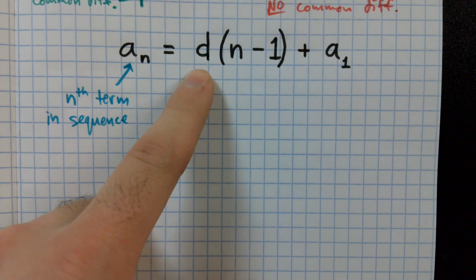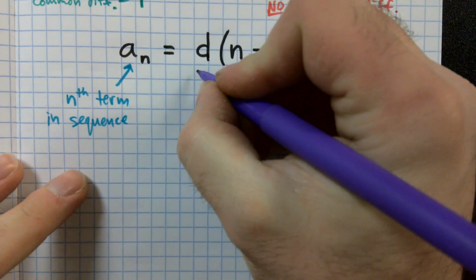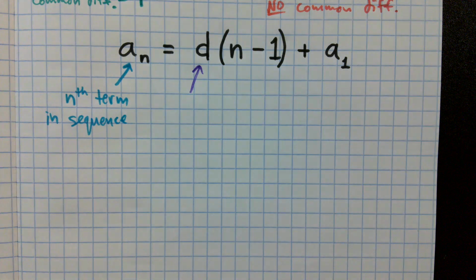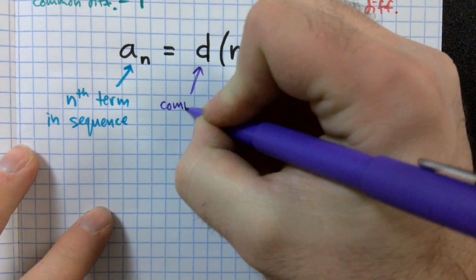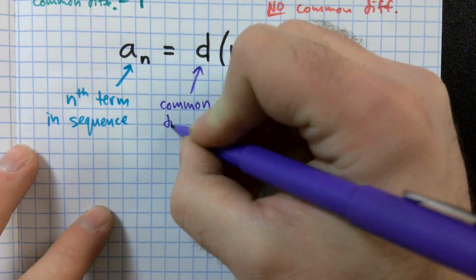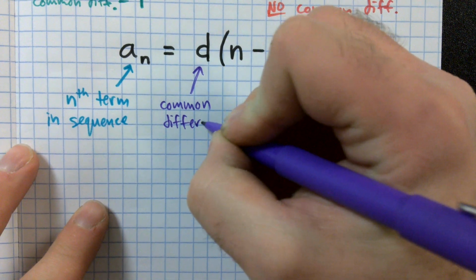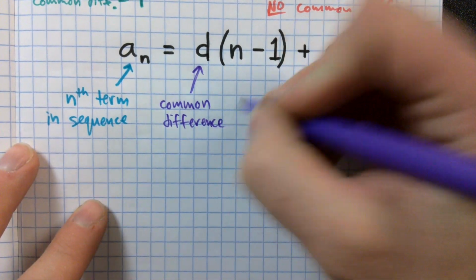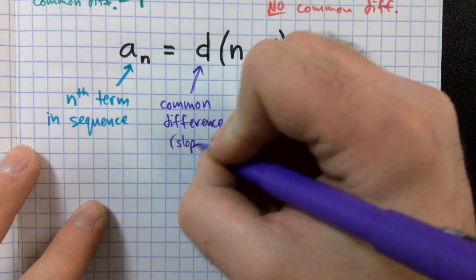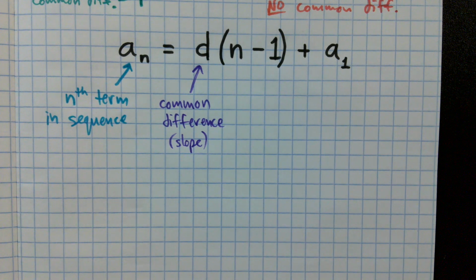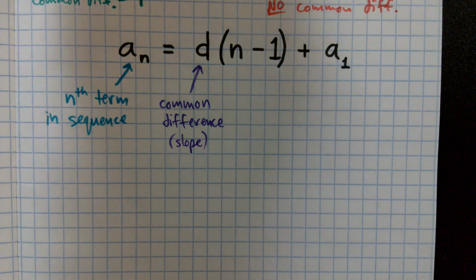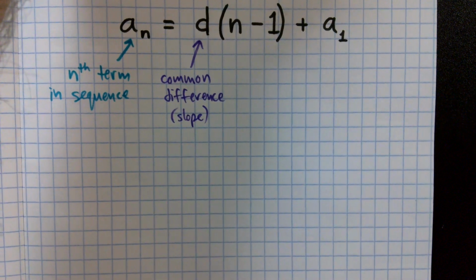D is the, obviously, difference, the common difference, which we just were able to find in our warm-up fairly easily. And just like someone pointed out, this is basically just our slope, right? It might as well be called M. But it's not. It's D for difference.